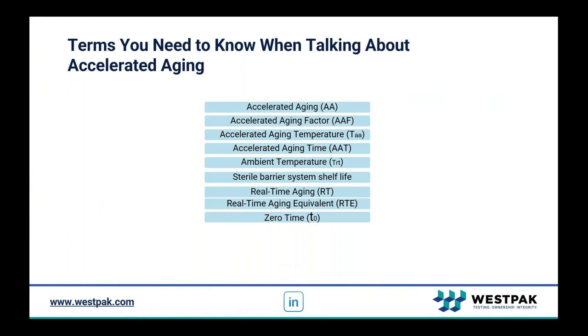And your sterile barrier system shelf life is the amount of real time that the sterile barrier system can be expected to remain in storage at ambient conditions or under specified conditions of storage and maintain its critical performance properties. So how long can you store it for? And then real-time aging is the time samples are stored at ambient conditions.